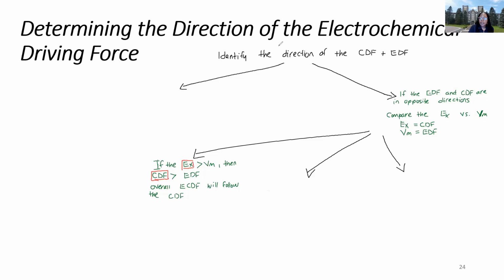The second option here is if they're equal, and that's kind of what we just described. If the equilibrium potential is equal to the membrane potential, then there's no movement.